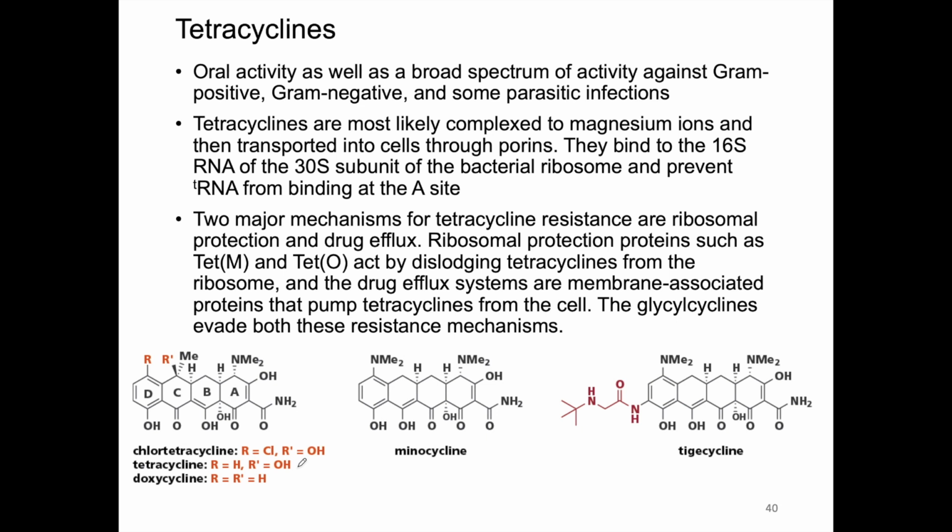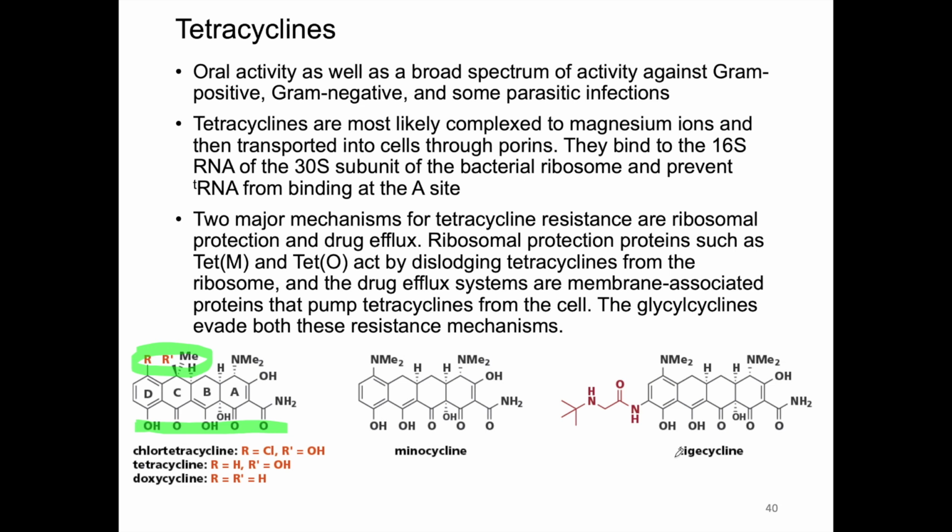Tetracyclines are another class of antibiotics, with the structures down below, and typically they have a binding interface to the ribosome, which is the hydroxyl functionalities, and their structure can be modified on the opposite face of the molecule. So the R functionality here can be modified for the different tetracycline derivatives.